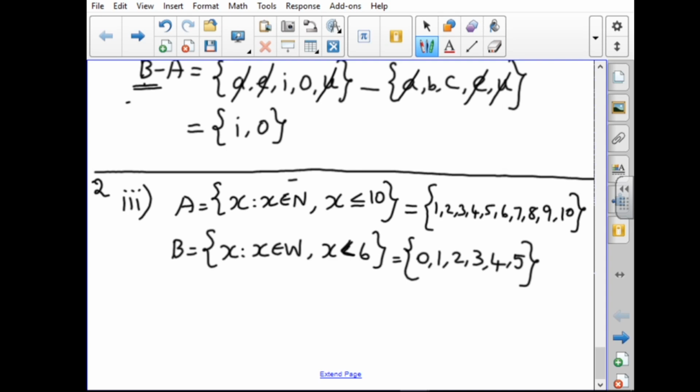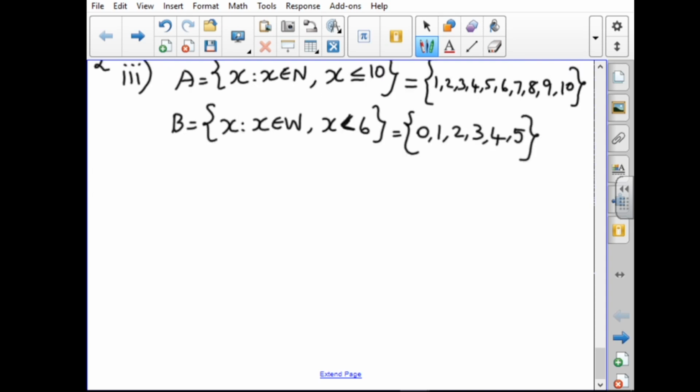So again the same process, we should find A union B. A union B means you have to join the two sets A and B. Common or repeated elements you can write only one time. So you can start from 0, 1, 2, 3, 4, 5, 6, 7, 8, 9 and 10.